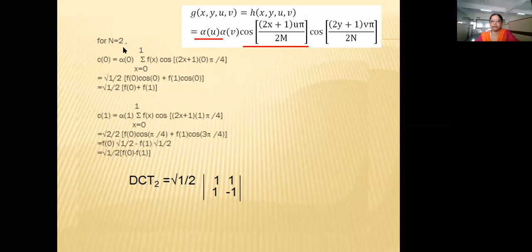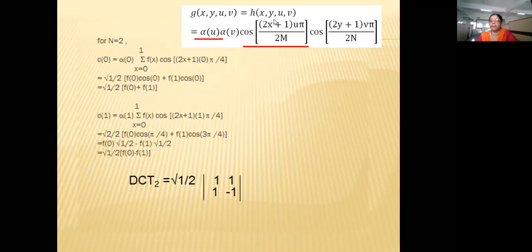When your n is 4, it means your input signal has 4 samples, F0, F1, F2 and F3. So in this forward transformation kernel, alpha u into cos of (2x plus 1) u pi by 2n, you need to vary u from 0 to 3, and for every u value, you need to vary x from 0 to 3.